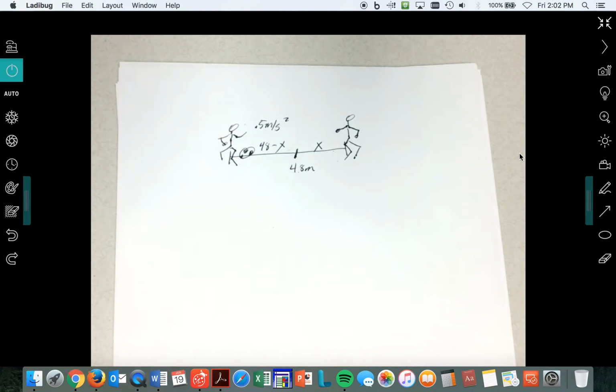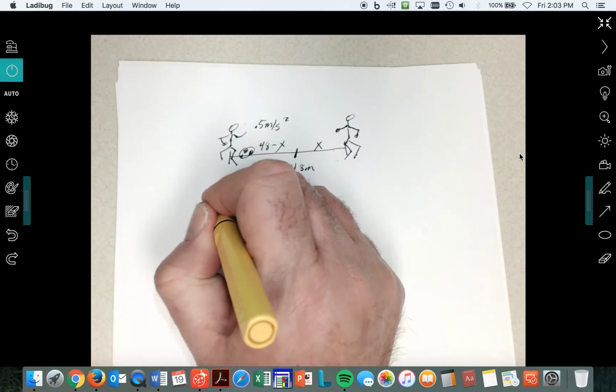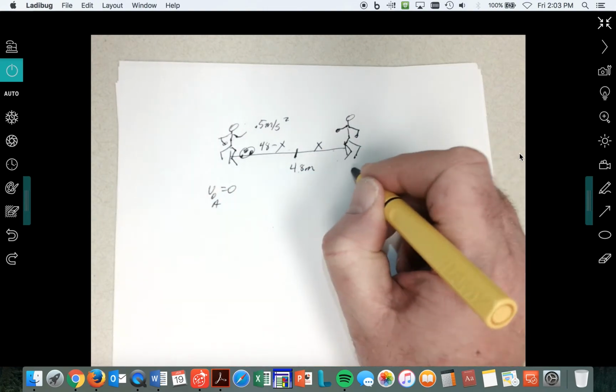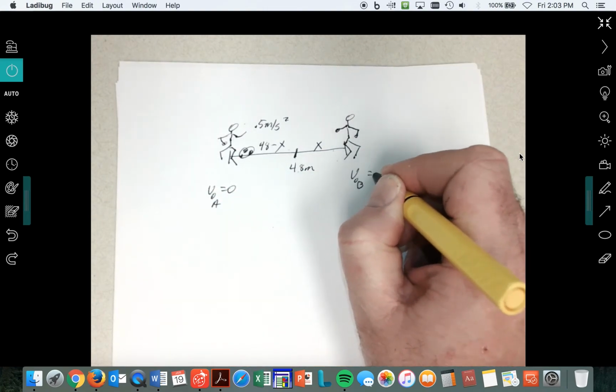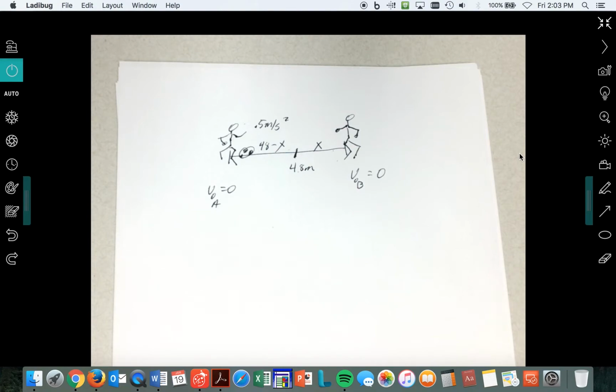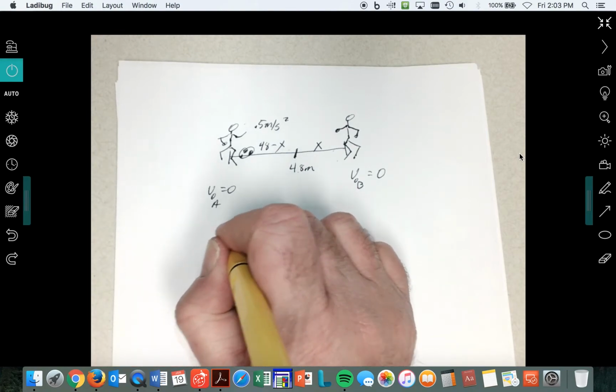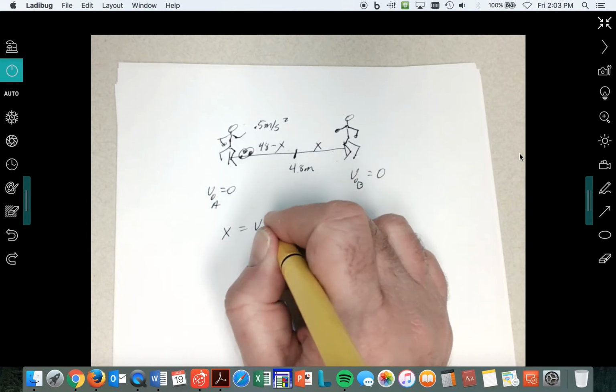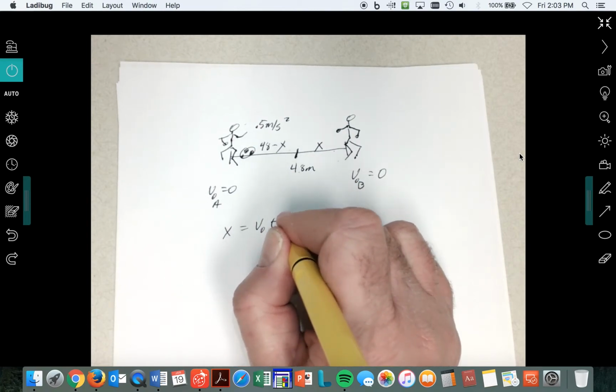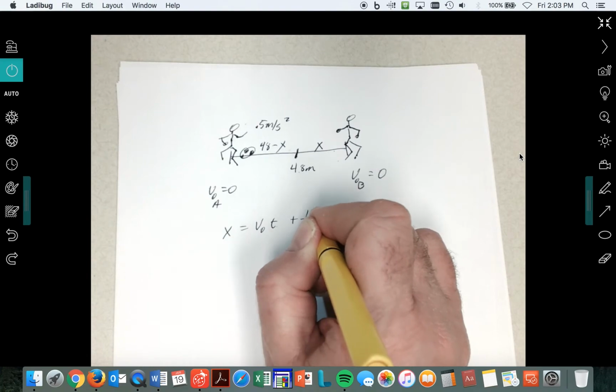So you got that little thing, but we do know we have a formula for when we know the distance, and for each of their initial velocities, the initial velocity of soccer player A is 0, and the initial velocity of soccer player B is 0. We have a nice little equation where the distance is equal to v naught times t plus 1/2 a t squared.